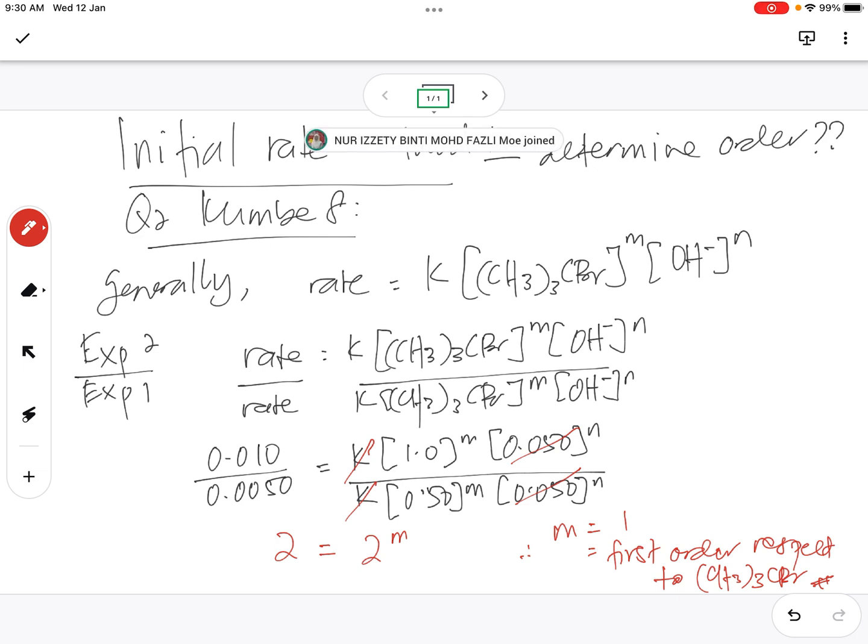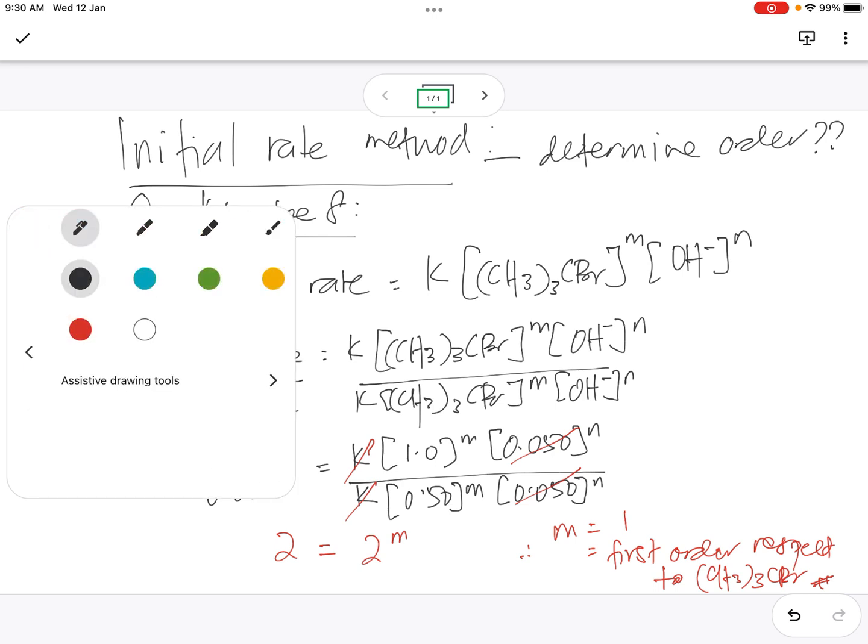Boleh dengar ke? Jamboard tu dapat tak jawapan dia? Halo, halo. Dapat Dapat M sama dengan 1 dapat tak? Dapat. Okay, good. Okay, kita proceed dengan untuk cari N Kita cari N pula.